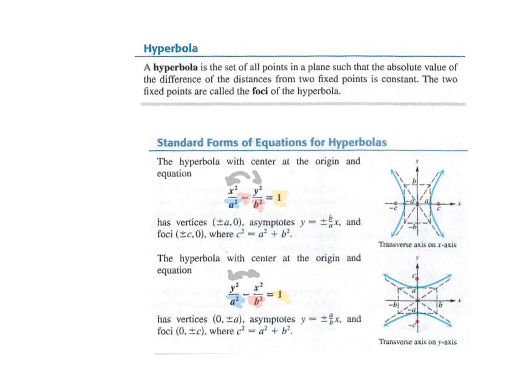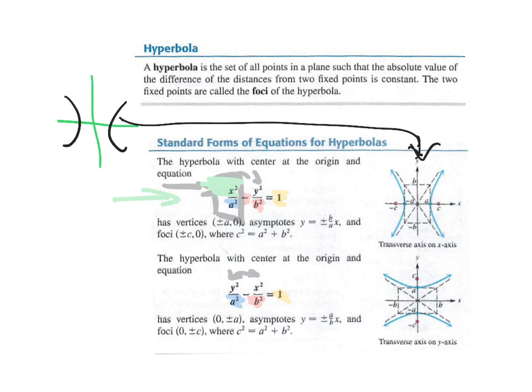And whatever variable you see in the top of the first fraction is going to tell you which axis it touches. Notice I see the x squared first in this standard form. So this is going to tell me that when I go to graph my hyperbola, it's going to touch the x-axis, and it looks like this over here.